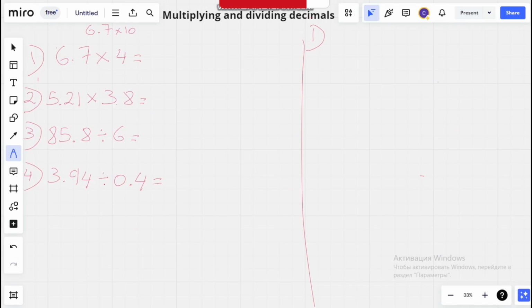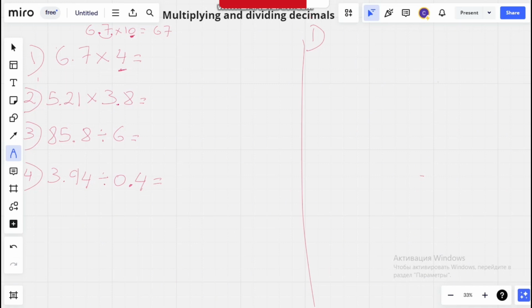All we have to do is just count the zeros, and that will let us know where we can shift the decimal point, right? So 6.7 times 10 will give you 67. But what do you do when you're multiplying by a whole number that doesn't have a zero? Or when you multiply decimals, or when you divide whole numbers or decimals?